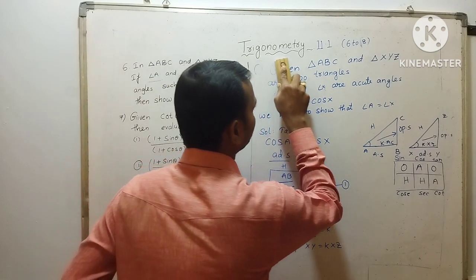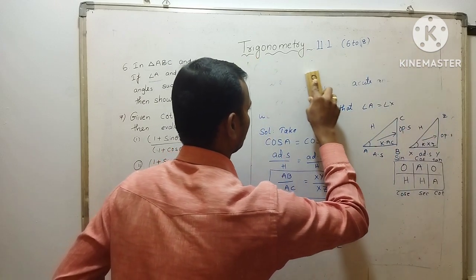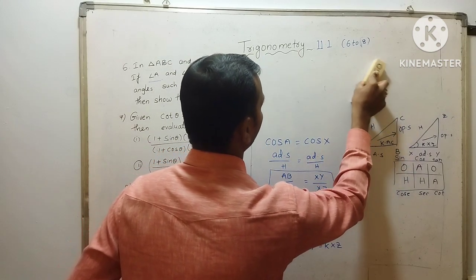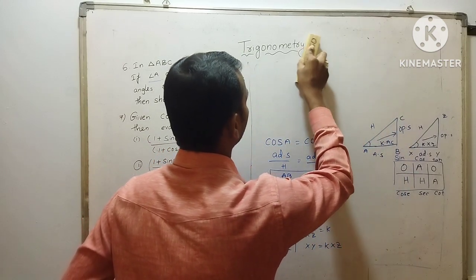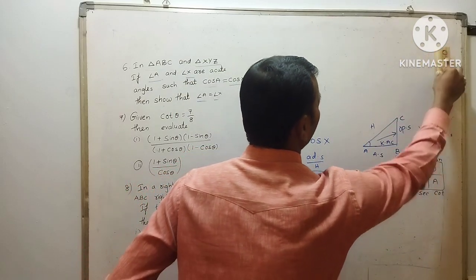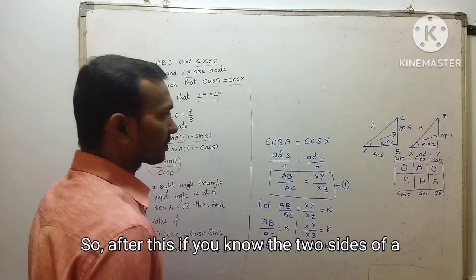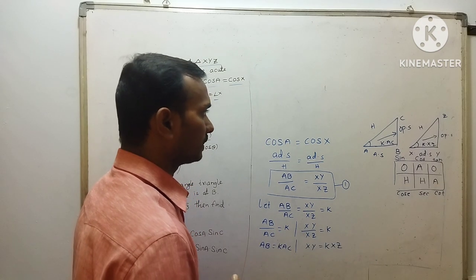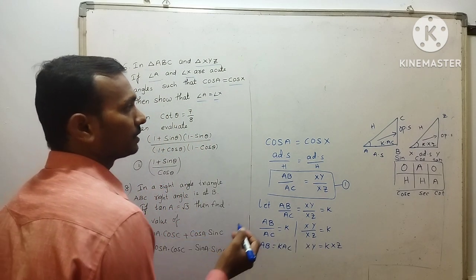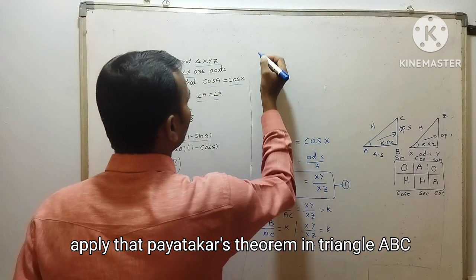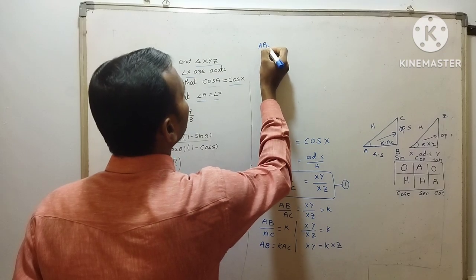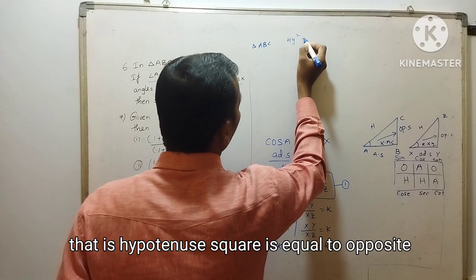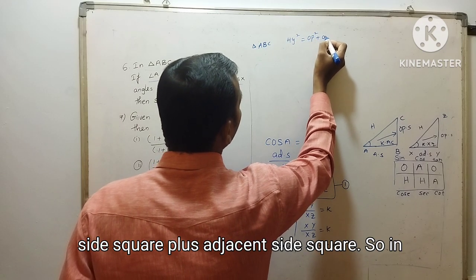So next step. If we know two sides of a right angle triangle, the third side we have to calculate. So apply the Pythagoras theorem in triangle ABC. That is, hypotenuse square is equal to opposite side square plus adjacent side square.